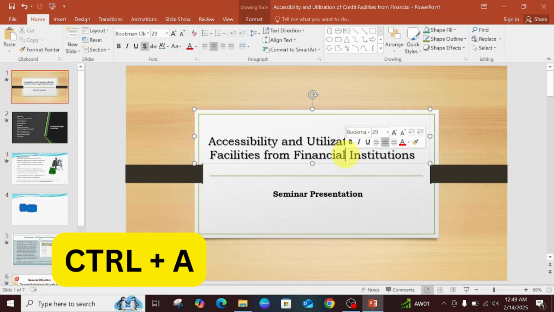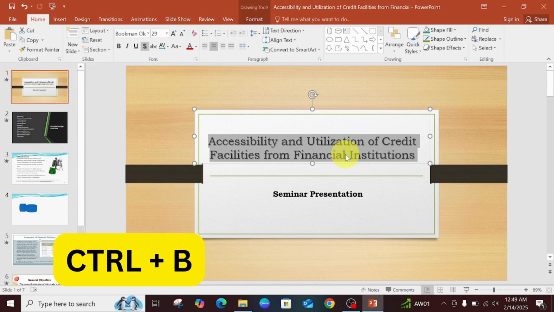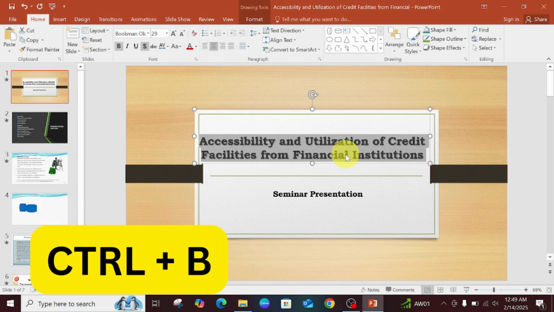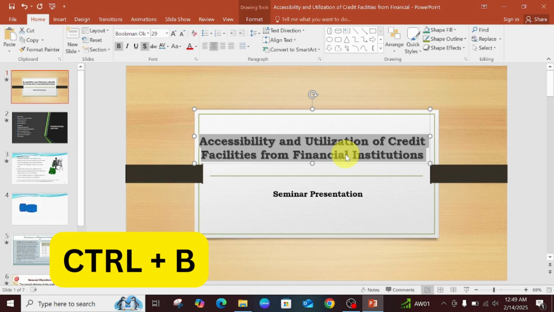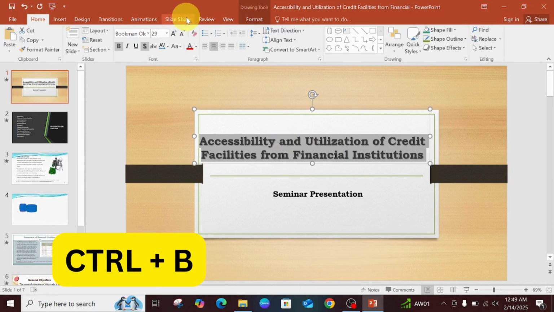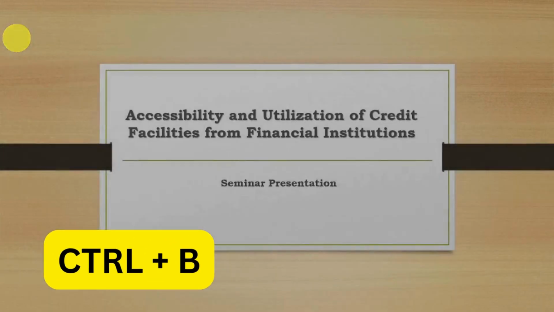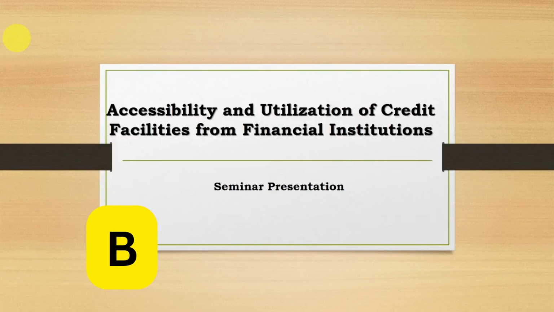So now we want to go to the next one, Control B. After we've highlighted, the next thing is Control B. Control B is to make your text bold. And another thing you need to keep at the back of your mind is that when there is a slideshow and you press B, it makes your screen blank.